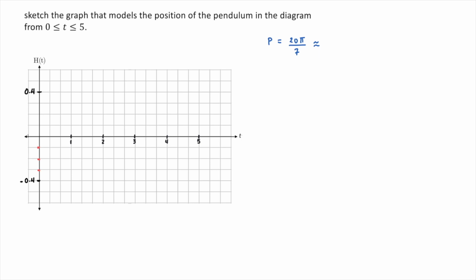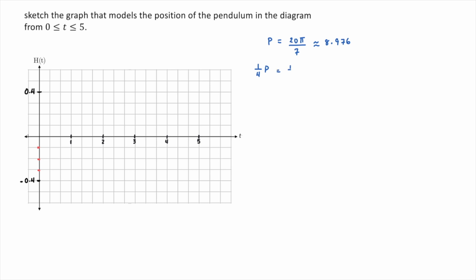And as a decimal, this is approximately 8.976. Now, following the process, I'm going to go ahead and consider 1/4 of the period. And again, in the video that I'm linking, I explain exactly why we're going to do 1/4 of the period. So there's no need to repeat that here.